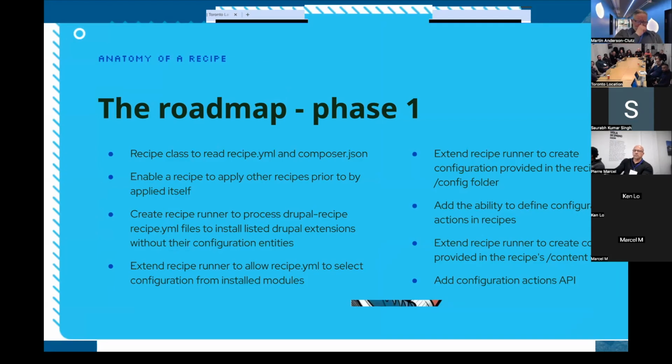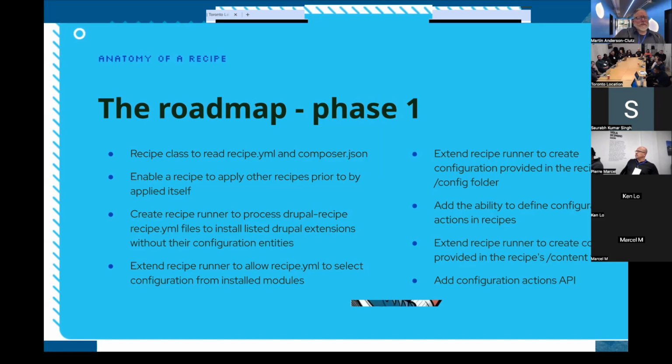Being able to parse out recipe.yaml and composer.json files, being able to have a recipe apply other recipes as part of that Drupal runner, being able to go through that recipe.yaml file, figure out the other Drupal extensions, and then be able to enable those, but not import all of the configurations so that you could be selective there.